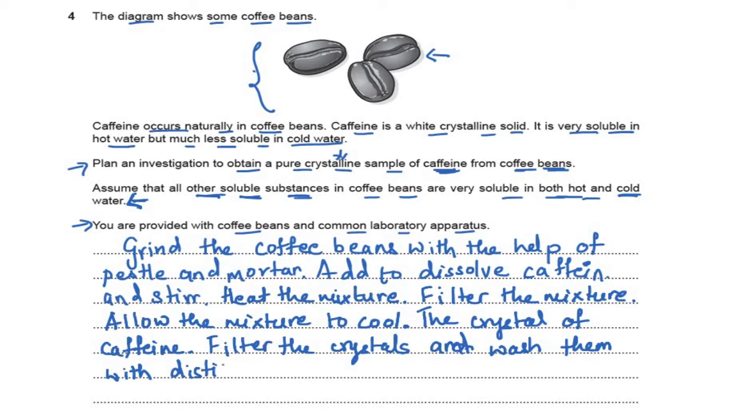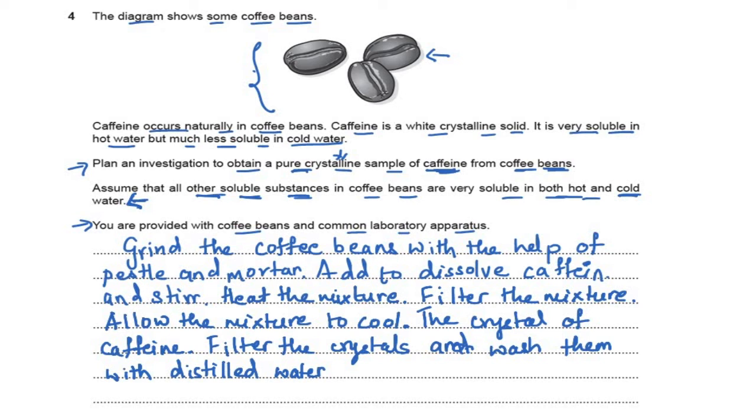Why? Because other water or any other liquid might dissolve the caffeine, which is not required here. So filtering the crystals and washing them with distilled water is very important to mention. Wash them with distilled water, and here are our pure crystals of caffeine.